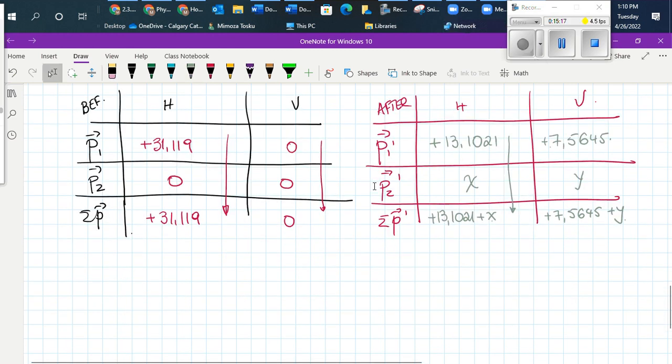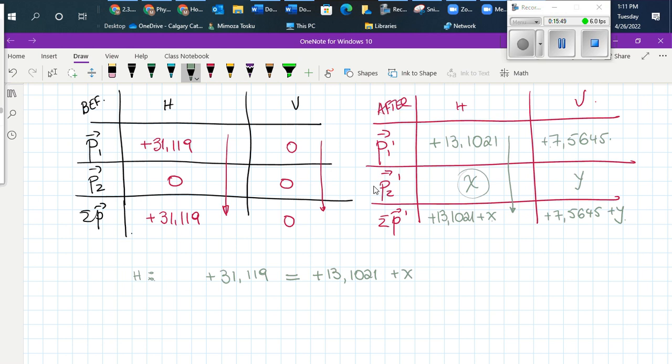Now, as I mentioned, two vectors are equal to each other when the components are equal to each other. So from the horizontal component, from the before, we will have positive 31.119 is equal to positive 13.1021 plus x. And we know that x is the horizontal component of momentum of object 2.